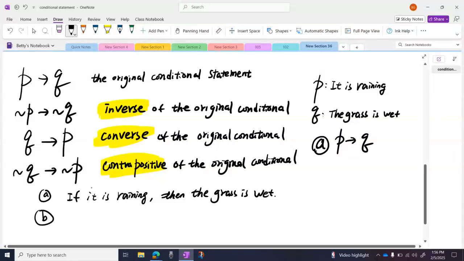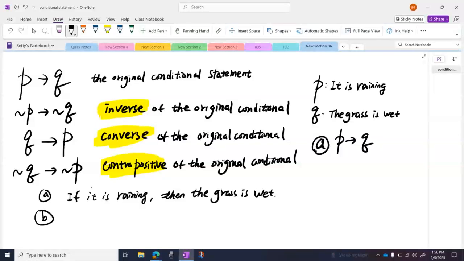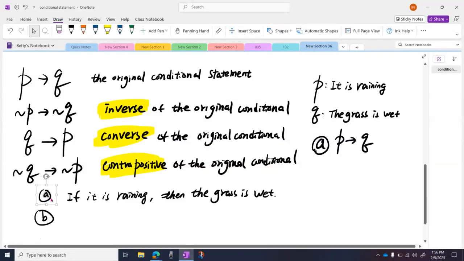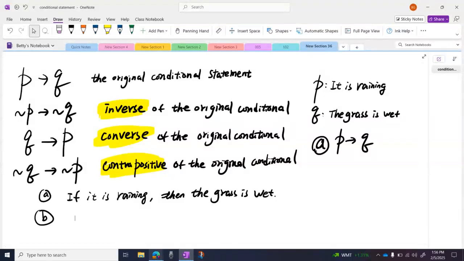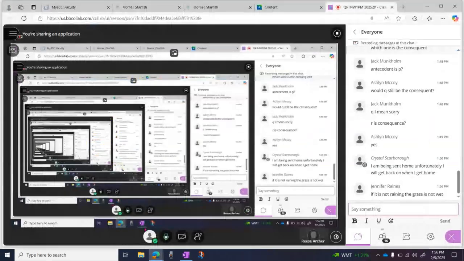Part B, I want you to help me use words to describe the inverse of the original statement. So I labeled this as A, okay? If it is raining, then the grass is wet. Can you give me the inverse of part A? If it is not raining, then the grass is not wet.